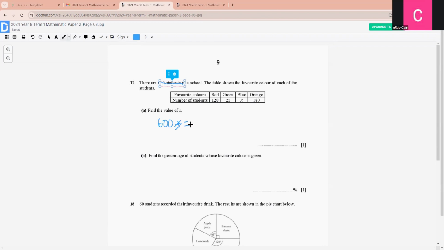So 600 should equal to 120 plus 2x plus x plus 180. And you can write that as 600 equals to 300 plus 3x.